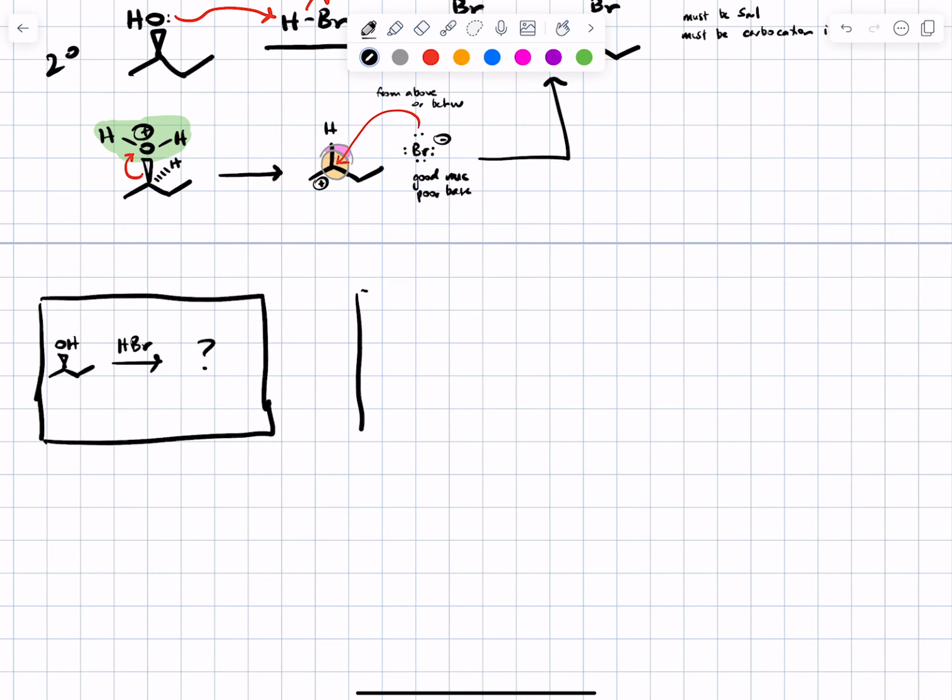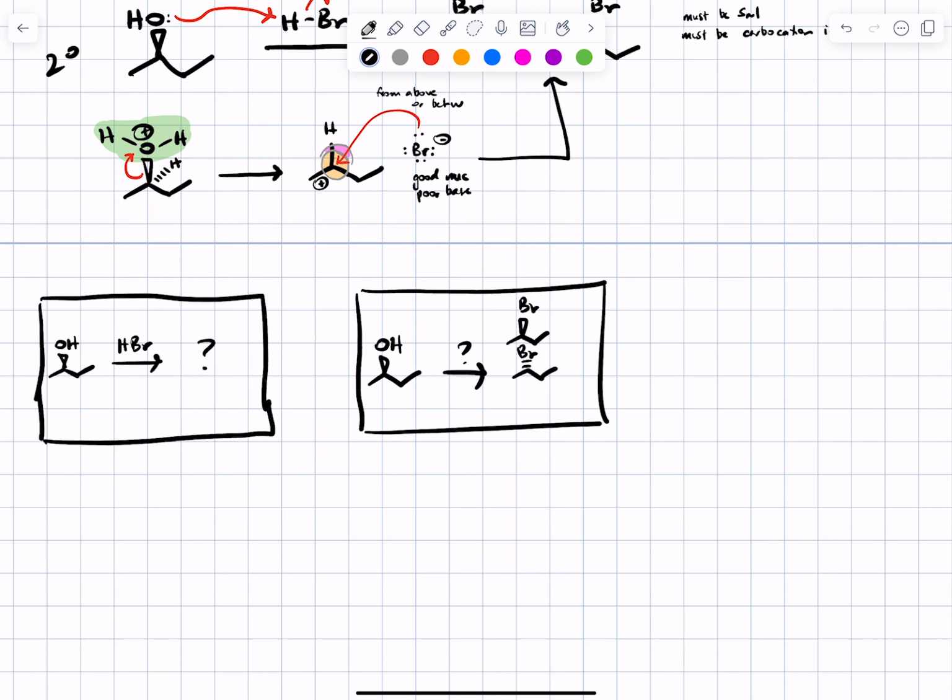A second flashcard for this reaction would be, here is the starting material, and here are the products, both enantiomers. You have to fill in the reagent.